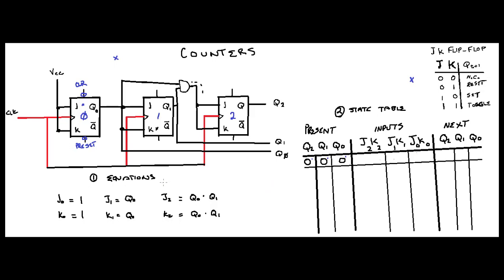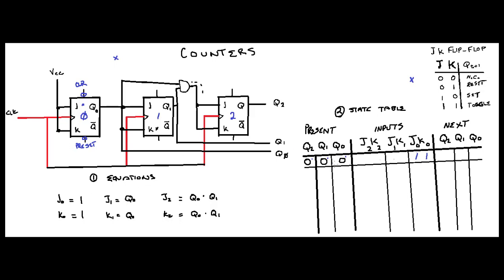So, looking back on the current circuit as it is right now, J0 and K0 are both 1. We've got to look at our equations, right? They're both equal to 1. And that's not going to change because they're connected to VCC. So J0 and K0 are both 1. I'm going to put that in there, right? J1 and K1, well, they're both equal to Q0, right?